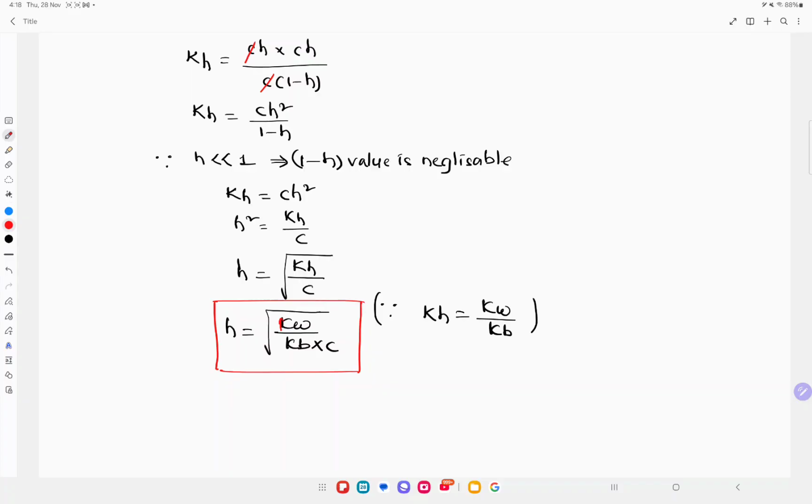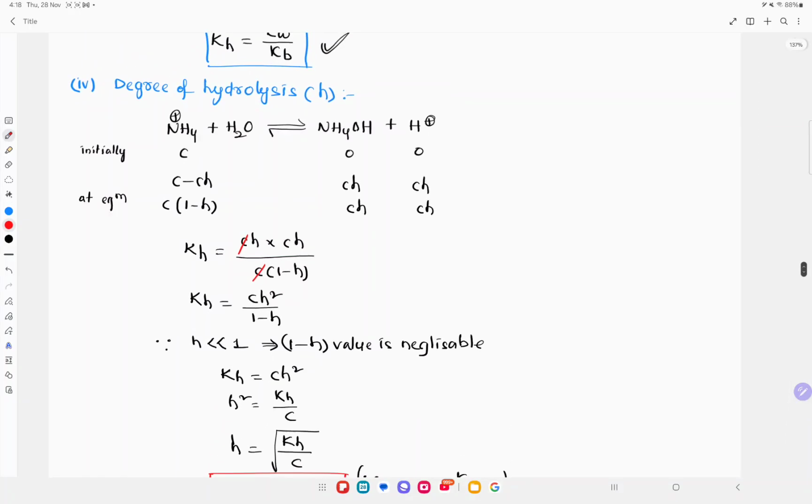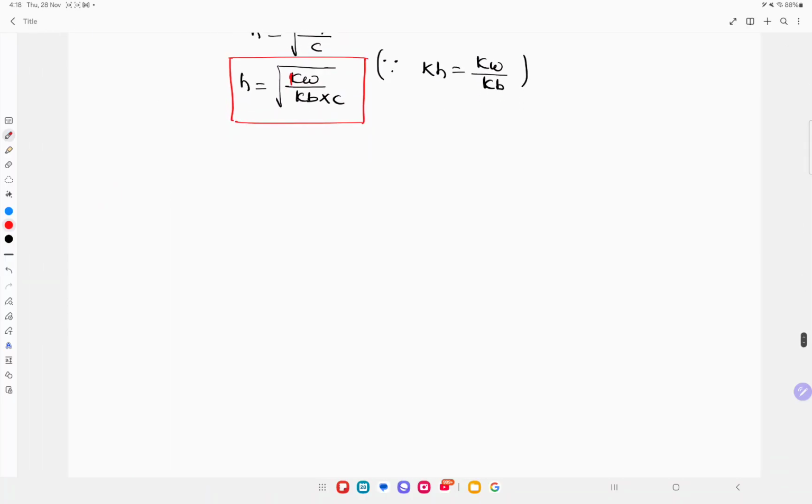Next, the molar concentration of H plus ion. So what is the molar concentration of H plus ion?